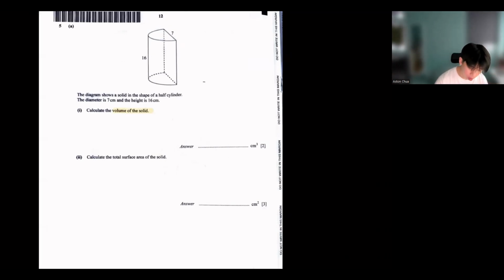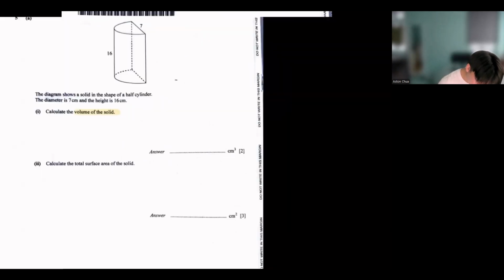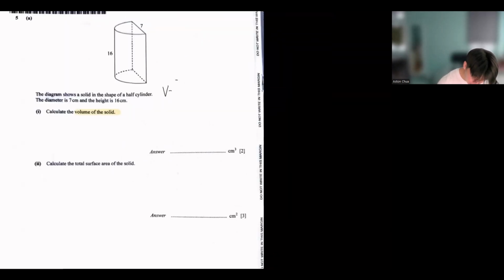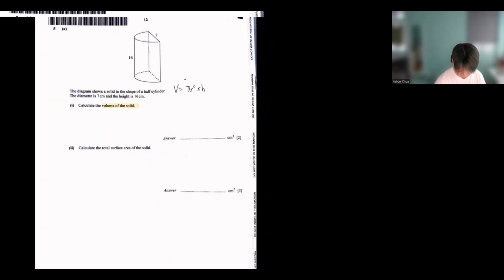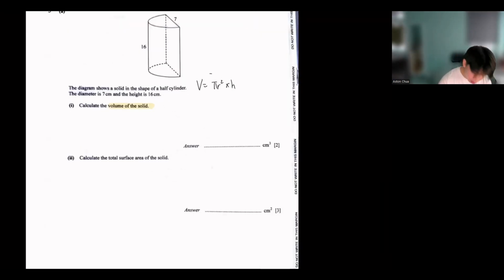So if you recall, your volume of cylinder is given by the following equation: V equals base area times height. Because this is just half a cylinder, your V in this case is half pi r square h.